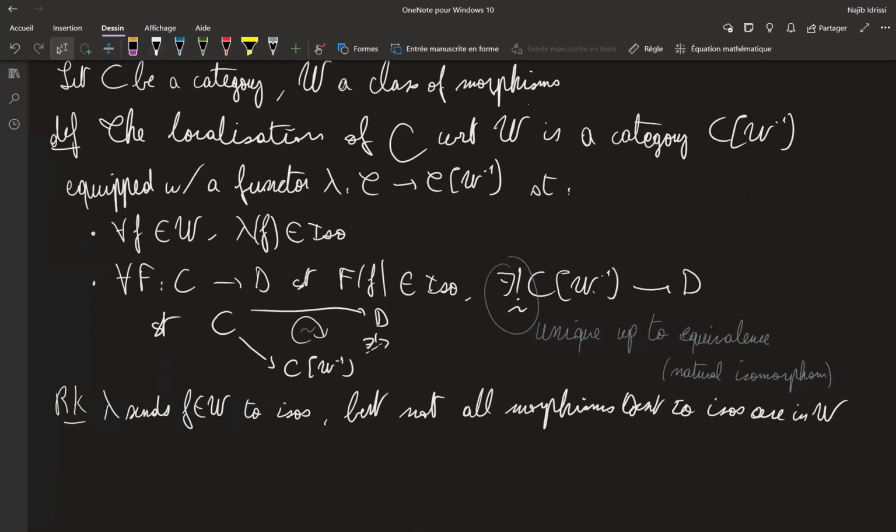For example, think about the ring Z and you localize at 0. If you know the localization of a ring, you invert the element 0, then everything becomes 0, and then everything is basically a unit in the target ring.